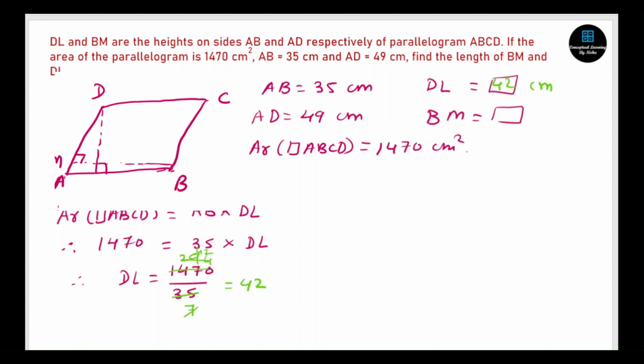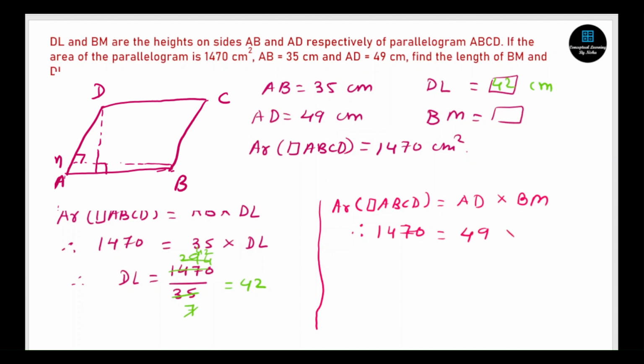Now in a similar way, let me solve for BM. So again, area of ABCD, when AD is the base, BM is the height, and this is 1470. Area remains same, that doesn't change. Now AD is 49 times BM, which we have to find.